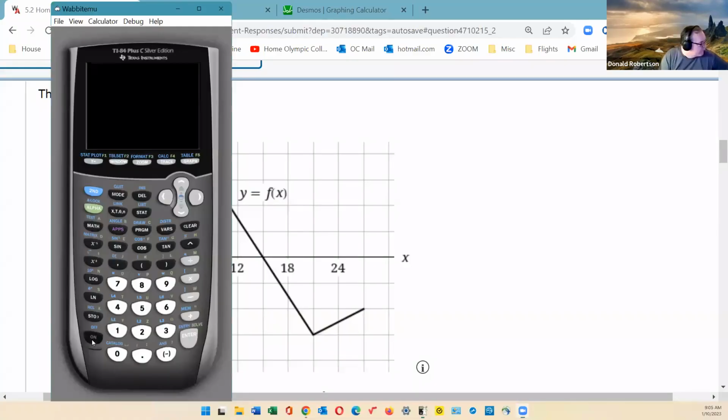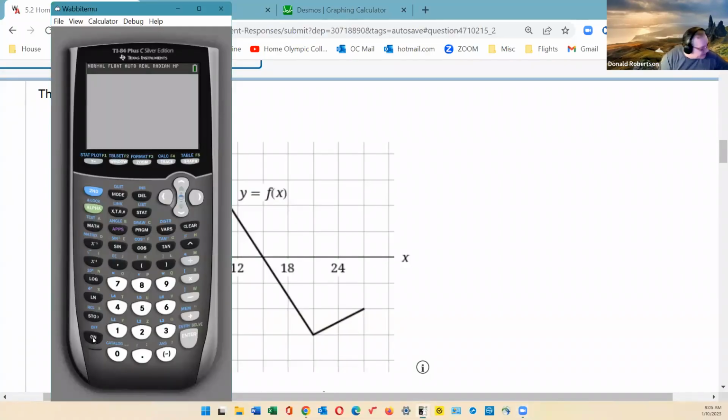So let's go over here and go y equals e to the power of x, done. Pick my window, which is 1 to 3.